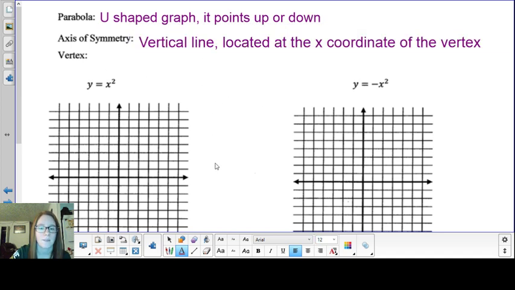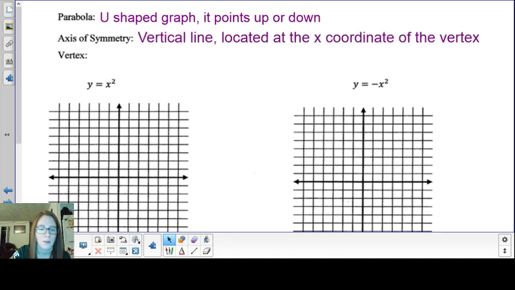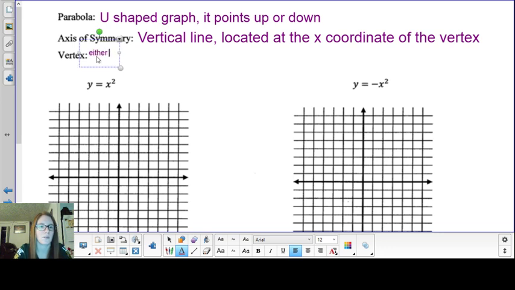And the vertex is either a maximum or a minimum. So it means it's either the highest or lowest point. If it's a max, my maximum is the highest point.